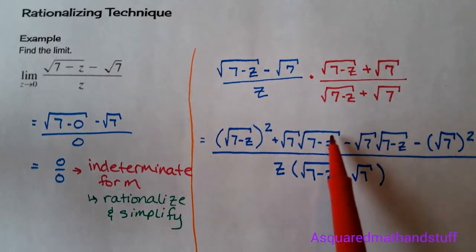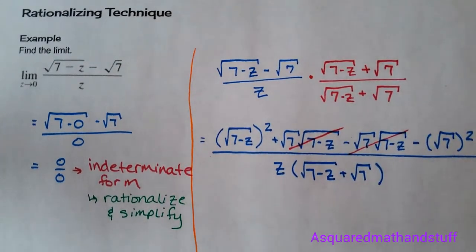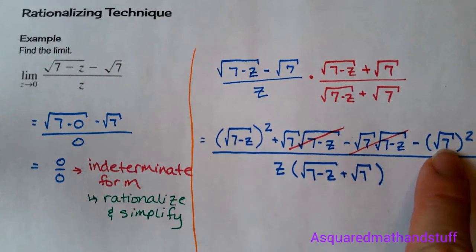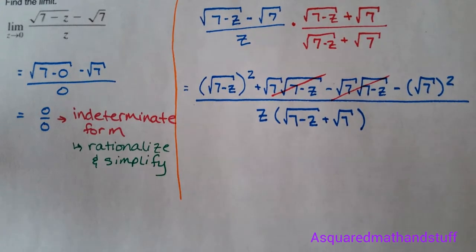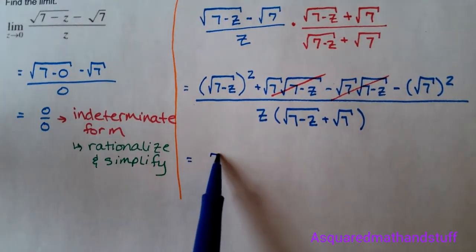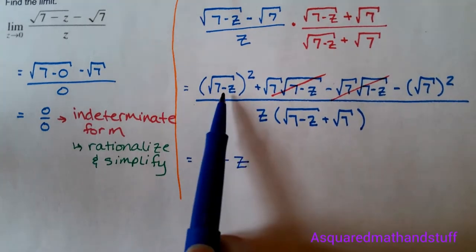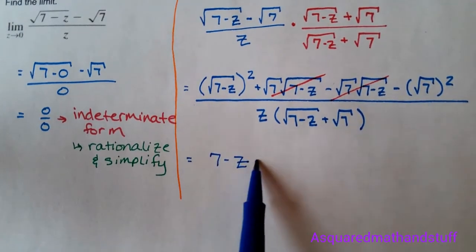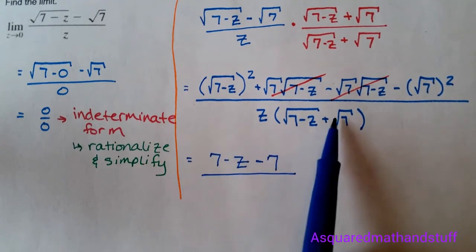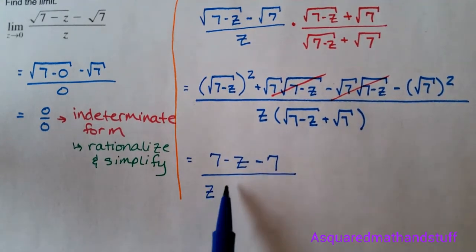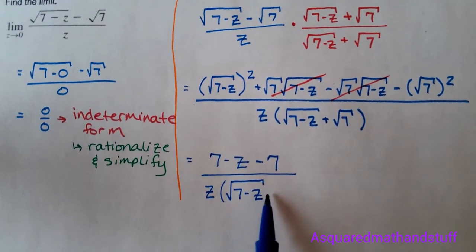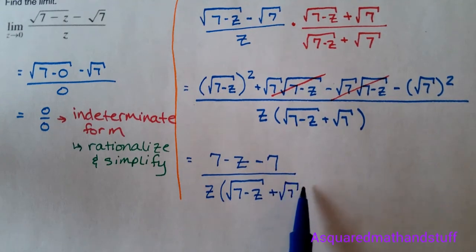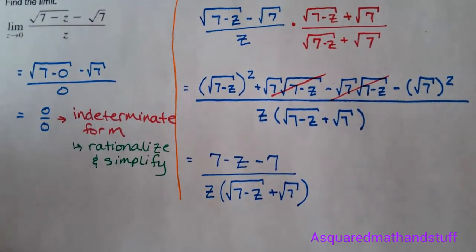So the purpose of this conjugate was to get rid of these middle terms. And we are left with then the two values that are squared. And once we square these, we drop the square root. We then have 7 minus z minus 7, all divided by that denominator. So let's keep this as two separate terms here: the square root of 7 minus z plus the square root of 7. These 7's in the numerator cancel.